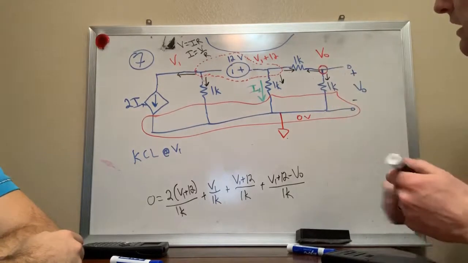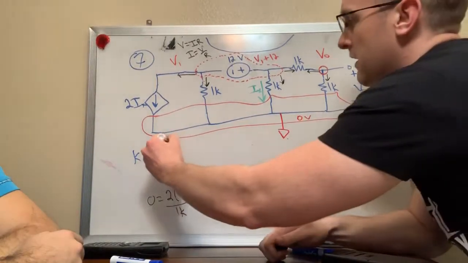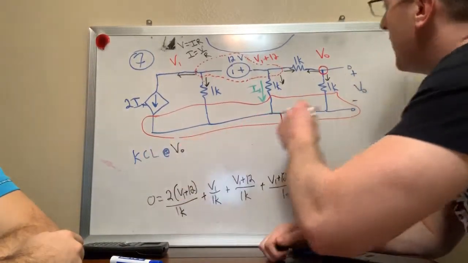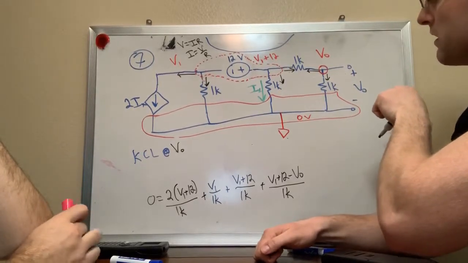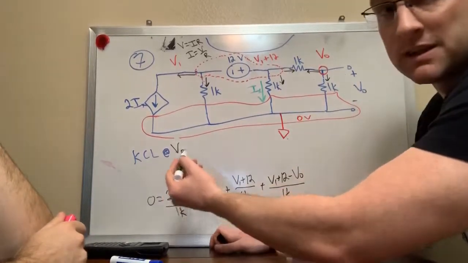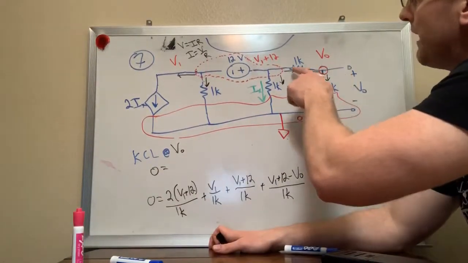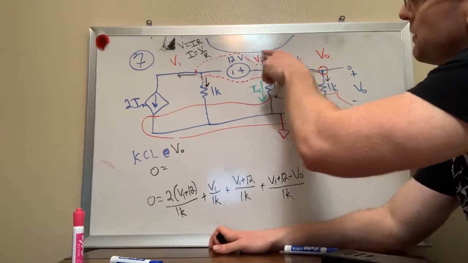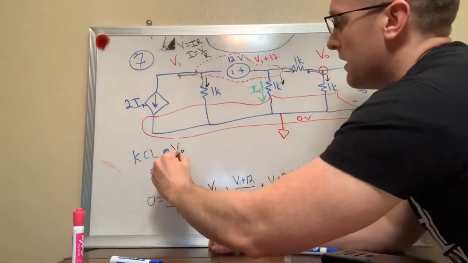Okay, so we're standing here and we're assuming current is leaving. So now I need to create another KCL, but now we're at V out. And then I take each of these arrows, I take it one by one and create a term for it and set it equal to 0, because that's what the KCL tells me. So 0 equals V out minus V1 plus 12 over 1K. That's the current going from right to left.